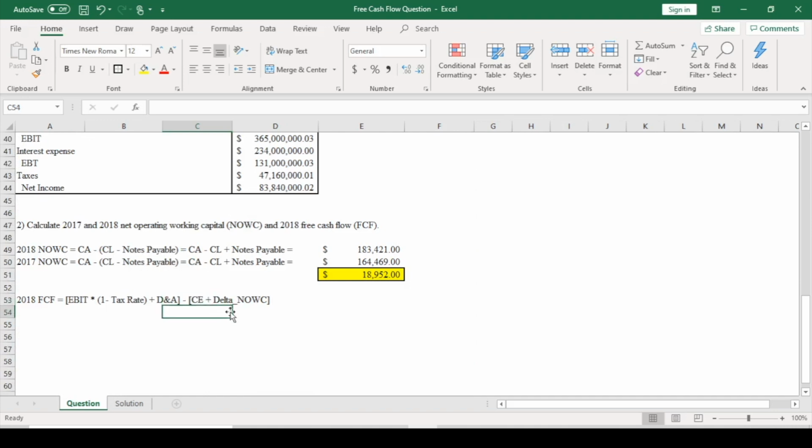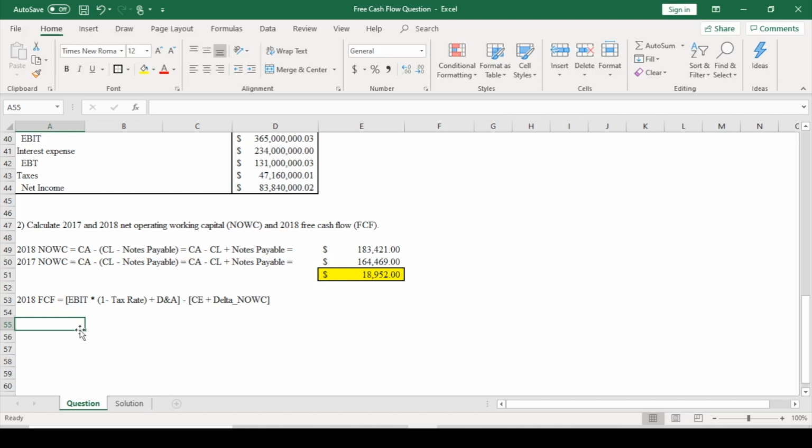It's possible. And this second part, change in net operating working capital, also comes from the balance sheet. So the first part, EBIT to depreciation and amortization, comes from the income statement. Capital expenditure and the change in net operating working capital come from the balance sheet. I just want to make sure of that.